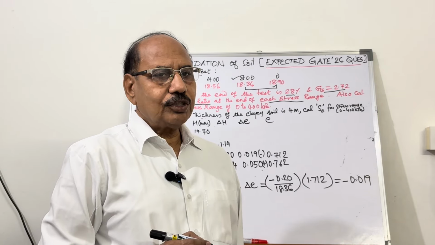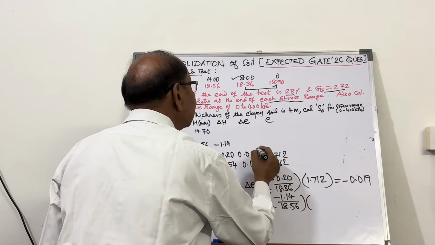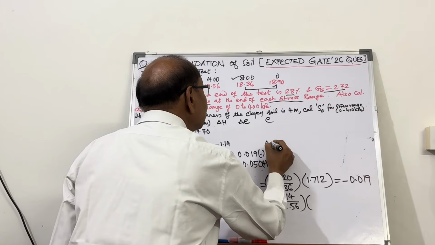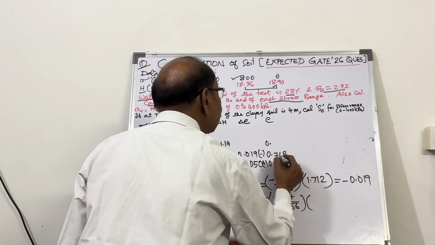So how will you calculate this? At this particular value, the value of E will be 0.712 plus this, so it becomes 0.731.